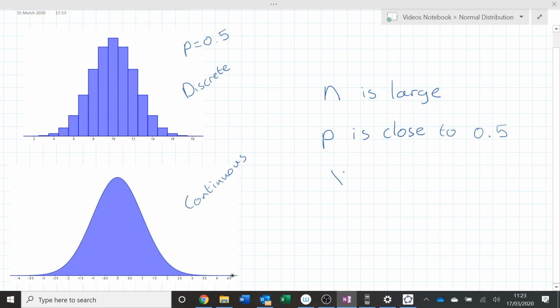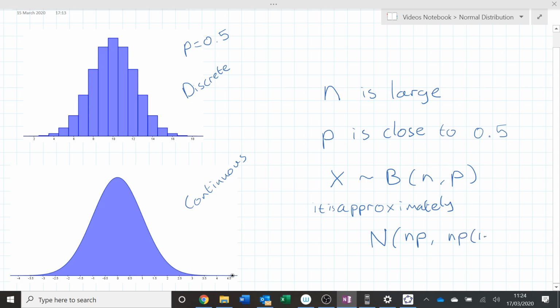So if x has a binomial distribution with parameters n and p, it is approximately normal, with np as the mean and np(1 minus p) as the variance.